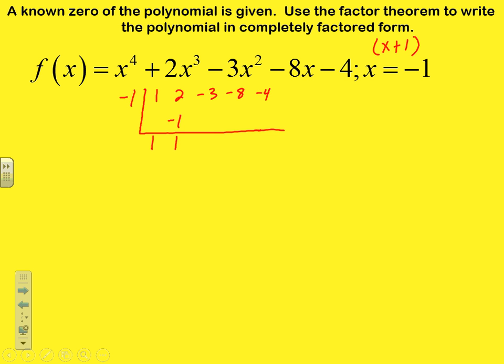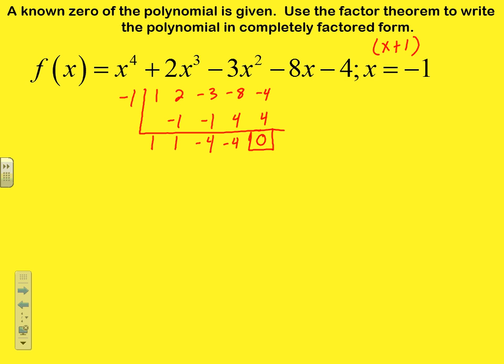Multiply those, which will give me a negative 1. Add those, which will give me a negative 4. Negative 1 times negative 4 is a positive 4, which when I add those will give me a negative 4. And multiply again, negative times negative to give me a positive 4, which we can see is going to make me happy because it gives me a remainder of 0.